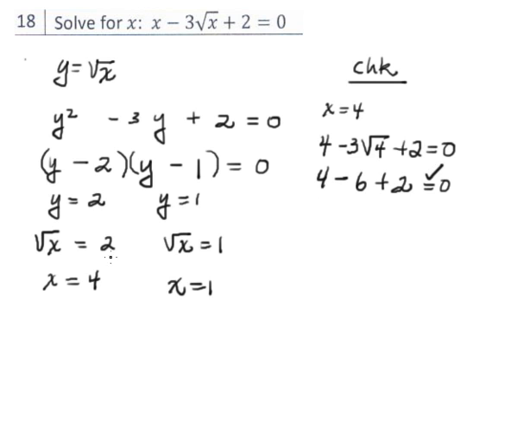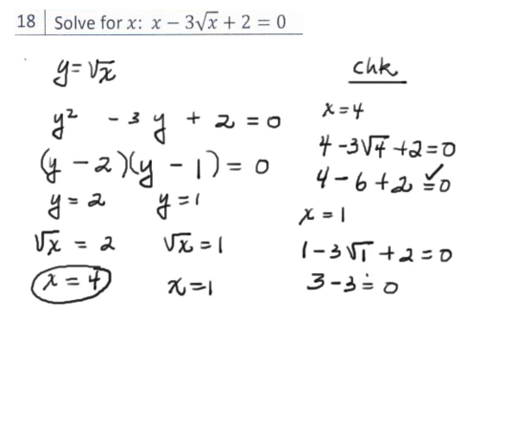All right, so x equal 4 is a valid solution. And now let's try x equal 1. Back into the original, 1 minus 3 square root 1 plus 2 equals 0. Okay, and that's 3 minus 3 equal to 0, another valid solution. So we have two valid solutions.